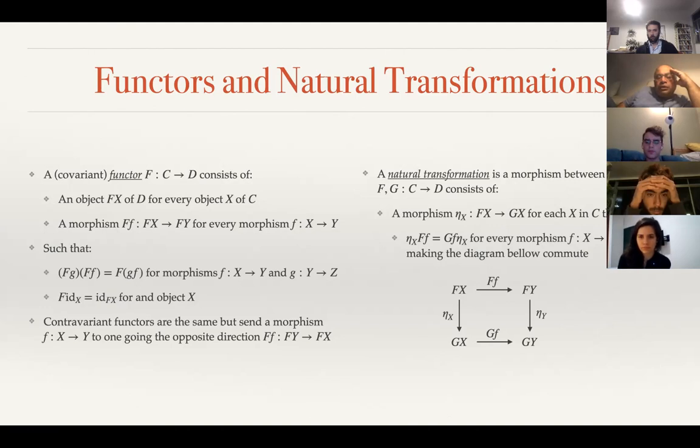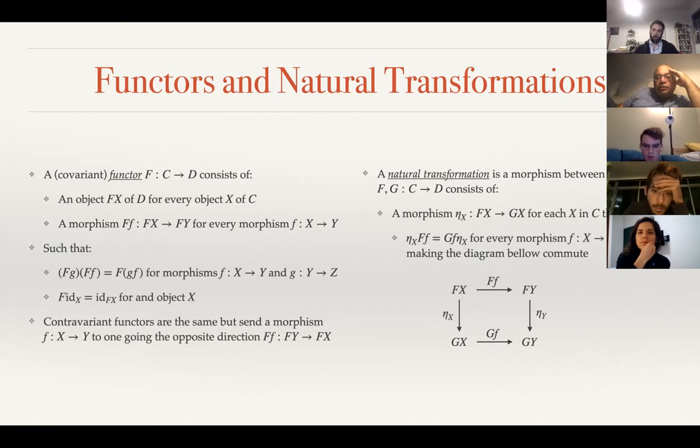And there is a functor that takes little f to some other morphism, which is F of f. And there is a functor G of f as well. And then the natural transformation is the eta, the morphism between Fx and Gx and Fy and Gy.